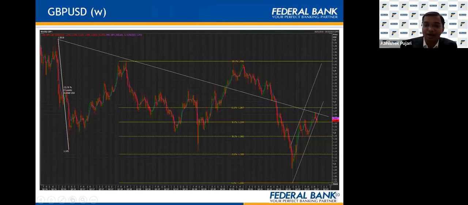On GBP, our view is that the level of 1.2345, where it currently is, is very crucial because it's the 50% Fibonacci level, and it has already broken this particular trend channel, which lasted almost 1.5 years. If this particular support gets breached, we can expect GBP to fall up to 1.18 levels, which will be the 38.2% Fibonacci support level.